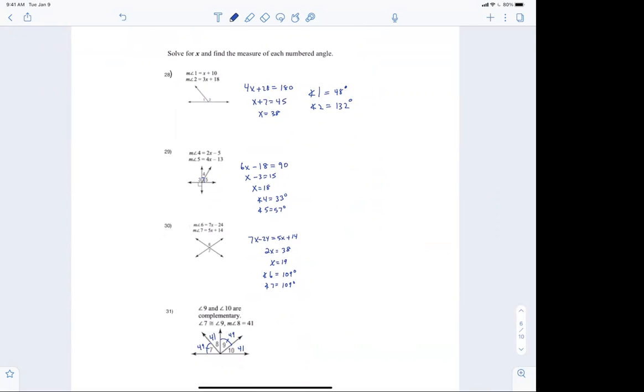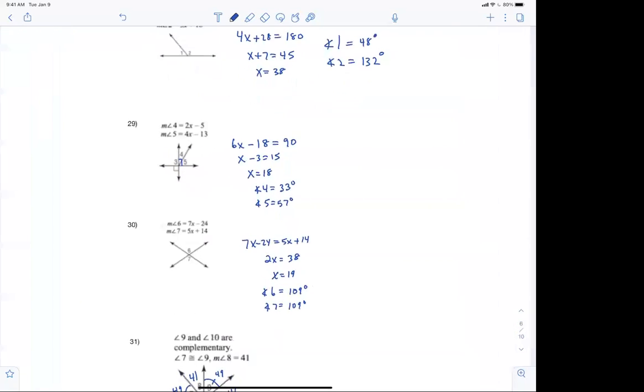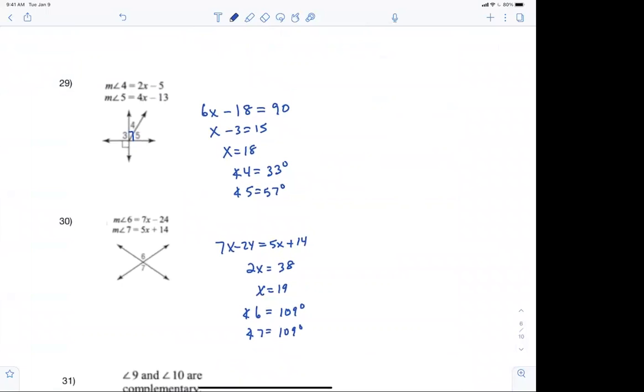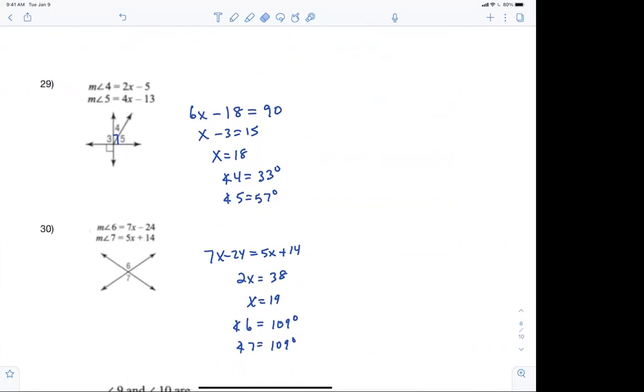Wouldn't for 29, angle 4 be 31? Yeah, 36 minus 5 is 31. Brilliant. And the other one would be 59.